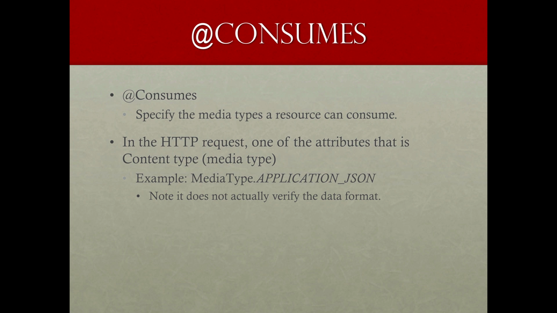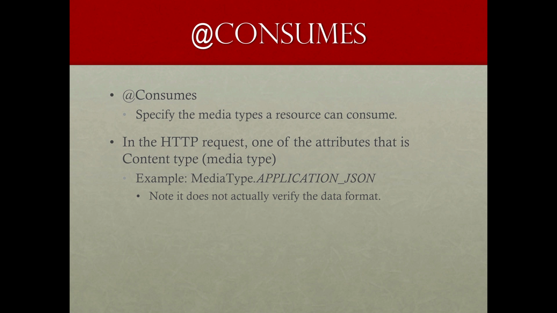We don't have a resource that can parse XML and then bind it to a Java object. So if we were to allow any type of format to come through, we're going to get a lot of errors, and then we're going to have to deal with all those errors. This is the reason why we use the @consume annotation. It's basically like a traffic cop which sets a standard for what type of HTTP request is allowed to come through, and this is extremely important.